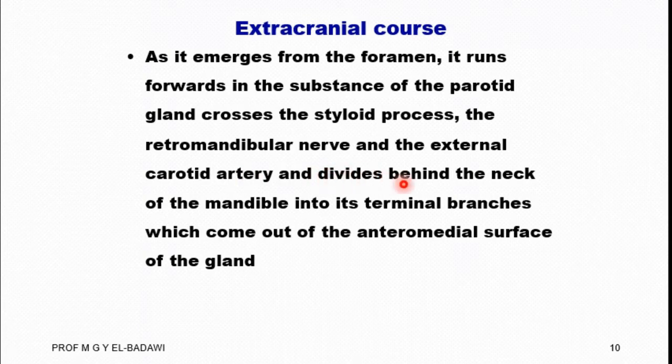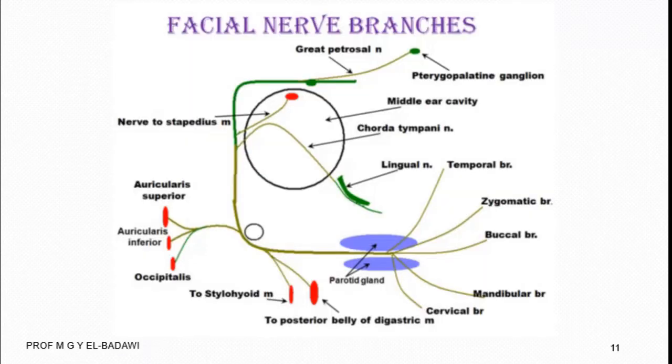Then it divides behind the neck of the mandible into its terminal branches, which come out from the anteromedial surface of the gland. That is the extracranial course of the facial nerve.